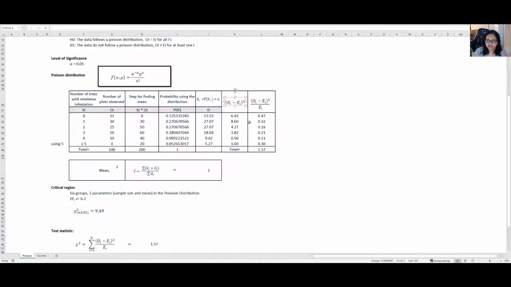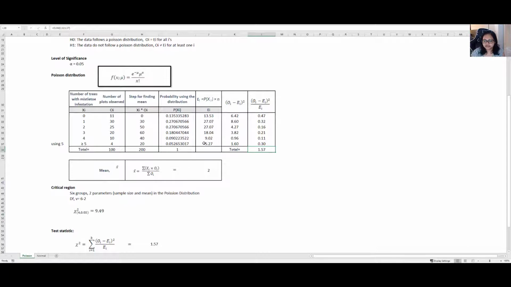In this formula, we try to see observed minus expected, and then square, and then divided by expected. I found that for each of them. After that, I sum them, and the sum is 1.57.